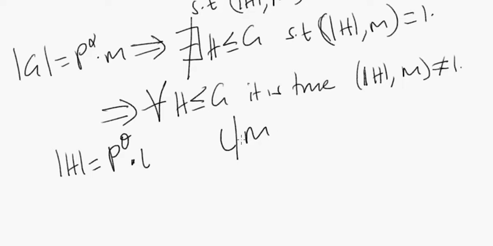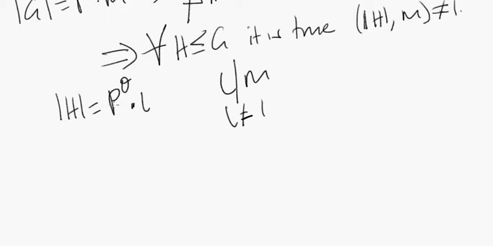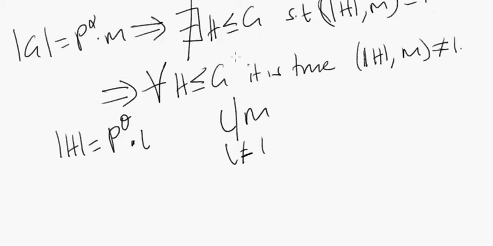There has to be some factor of m, and l is not equal to 1. It's non-trivial, right? We said the GCD doesn't have to be 1.